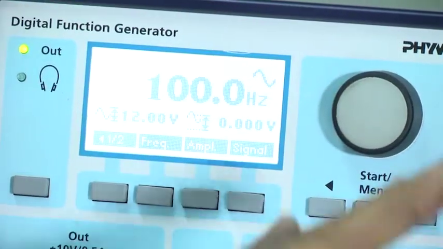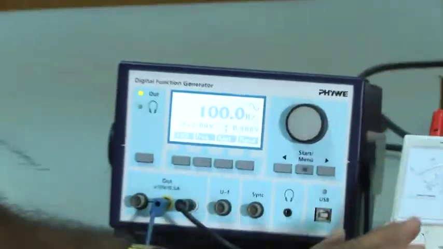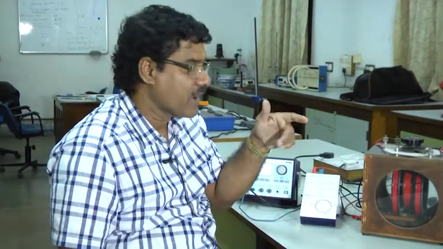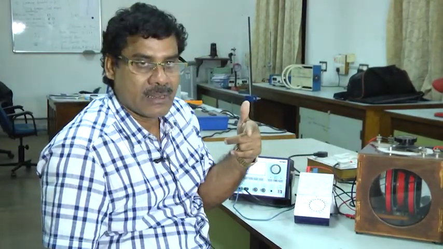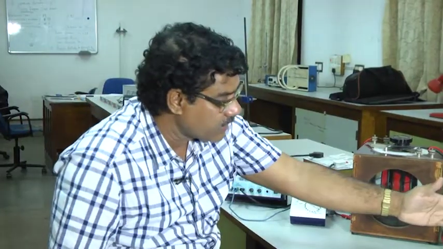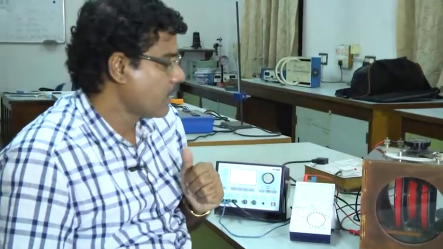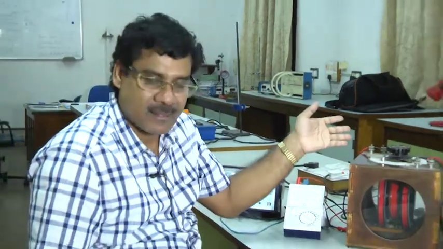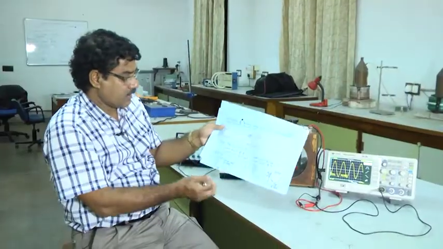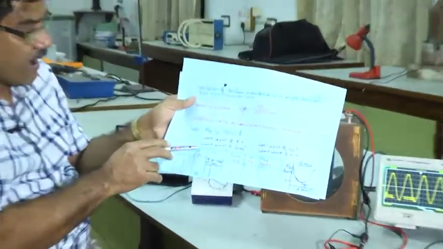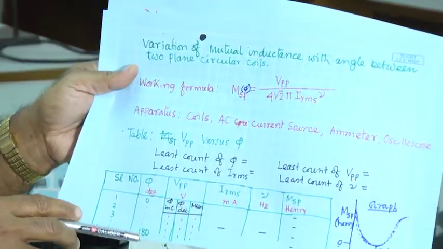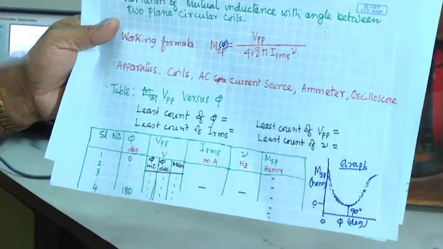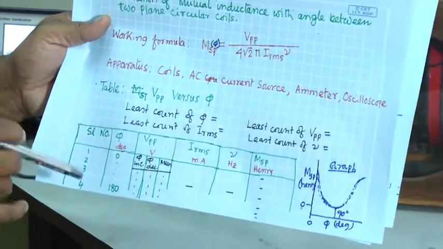For this nu and I RMS we are going to find out the voltage VPP for different angles of phi. Here we have a serial number column. Phi will vary from 0 to 180 with a 10 degree step or 5 degree step, whatever you prefer.